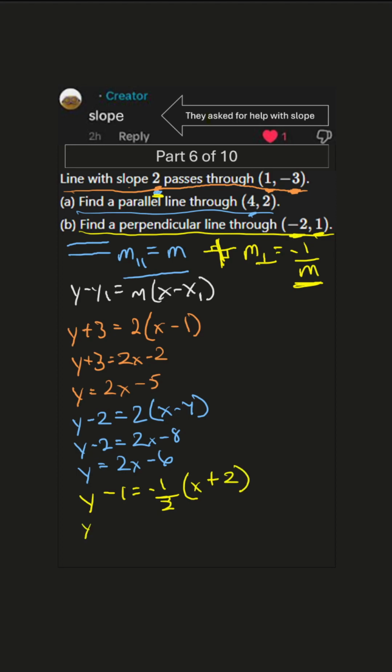Okay, distribute. Y minus 1 equals negative 1/2 x minus 1. Add 1 to both sides. Y equals negative 1/2 x. There we have it. We found a parallel and a perpendicular line, and we got them into slope-intercept form as well, and that looks nicer.